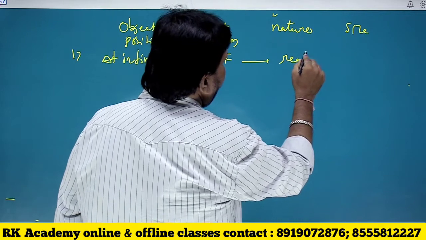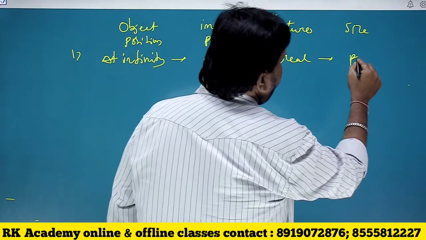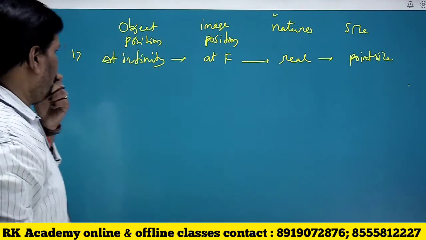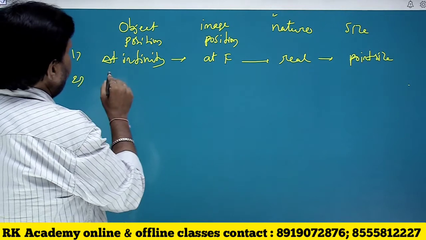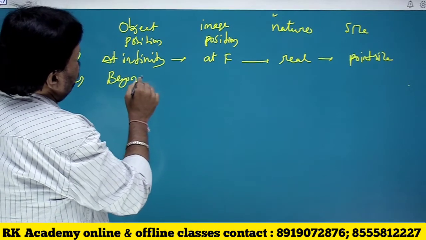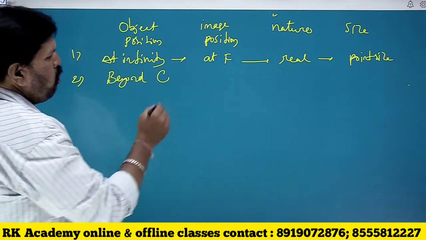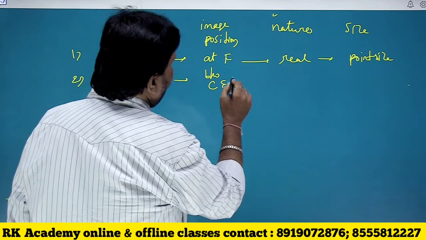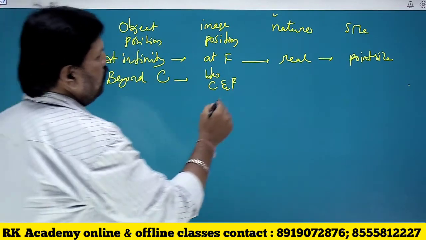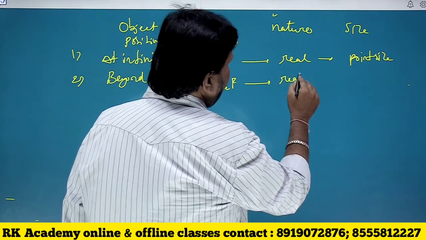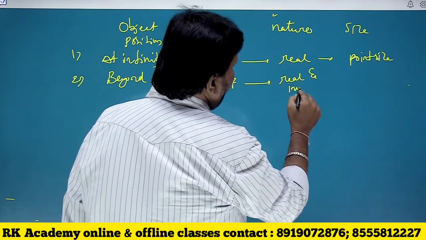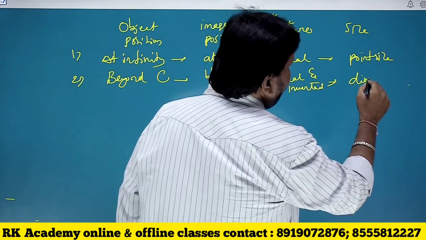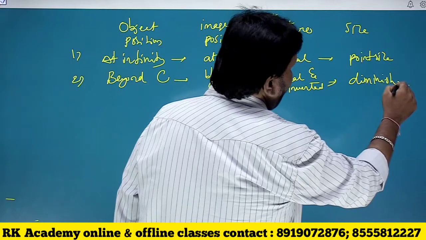It's a real and point size image. Second one, if the object is kept beyond the center of curvature, it forms in between the center of curvature and focus, the nature is real and inverted, and the image is diminished, meaning small size.